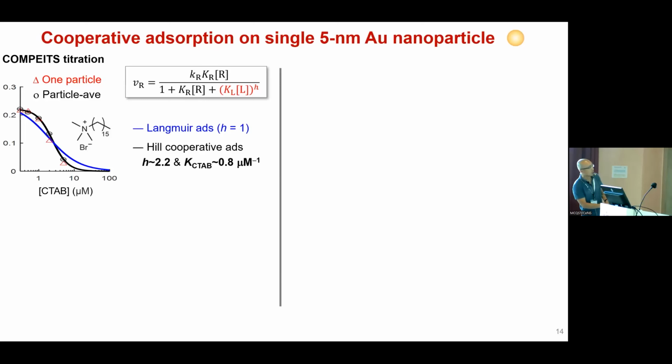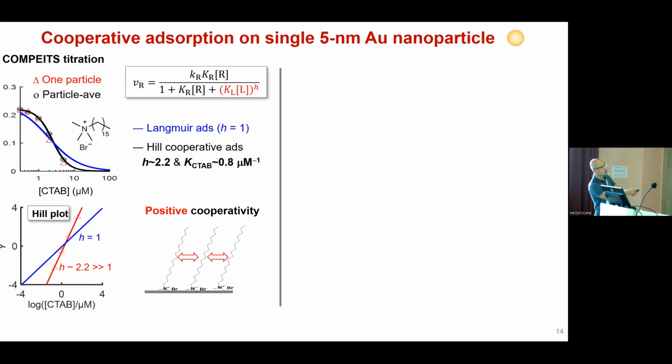Okay. Now, again, you can rearrange the data into a linear format. The slope here is 2 and bigger than 1, giving you positive cooperativity. So we think it's due to when C-type adsorbs on the gold particle surface, the long acyl chains give you attractive interactions and they give you positive cooperativity. Okay.